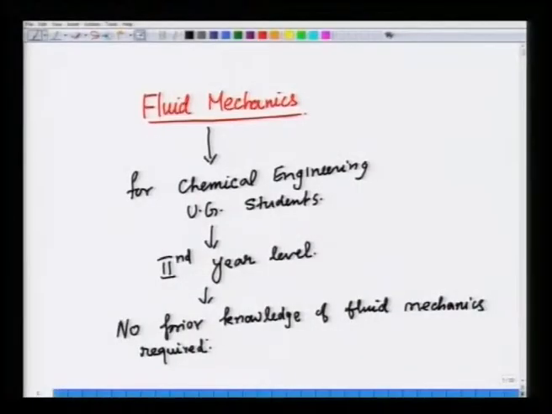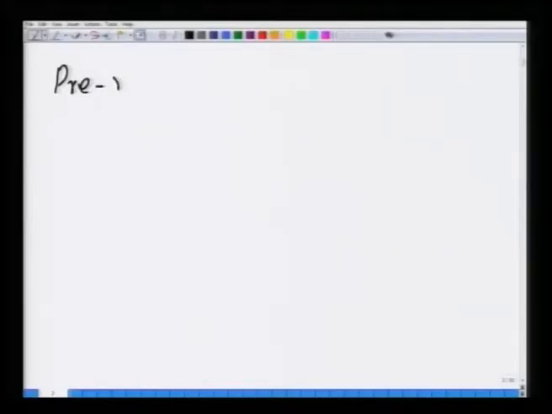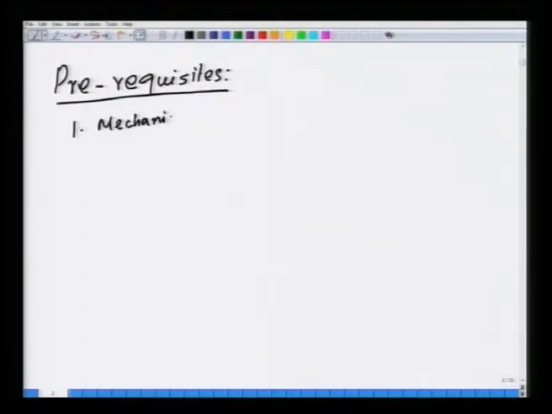Having said that, we do have some prerequisites. So, it is important to first clarify what background you must have, and the prerequisites are basically some elementary knowledge of mechanics as taught in physics classes.